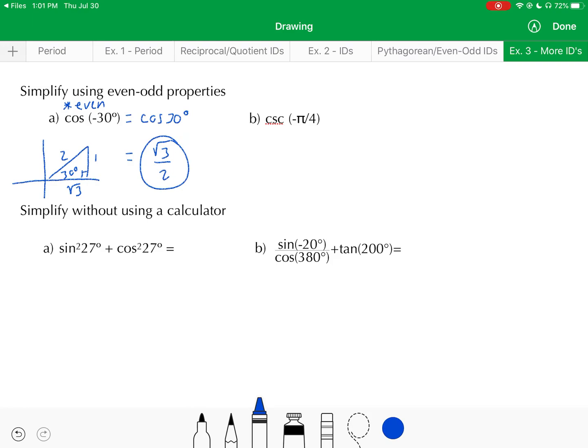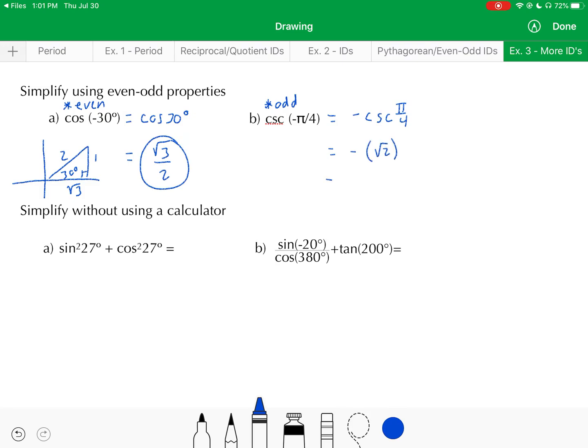Cosecant of negative pi over 4. Well, the cosecant function is odd, which means that this should be equal to the negative of the cosecant of just positive pi over 4, or 45 degrees, okay? So I know that cosecant of pi over 4 is radical 2.